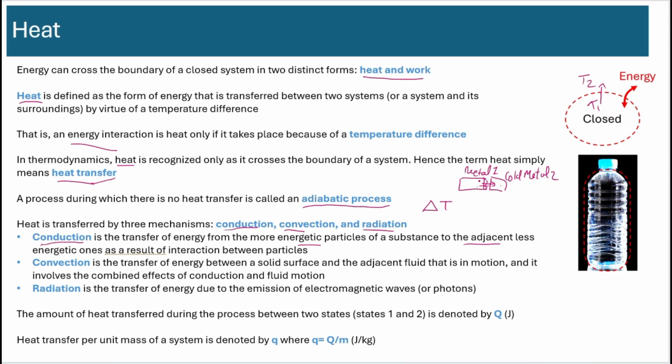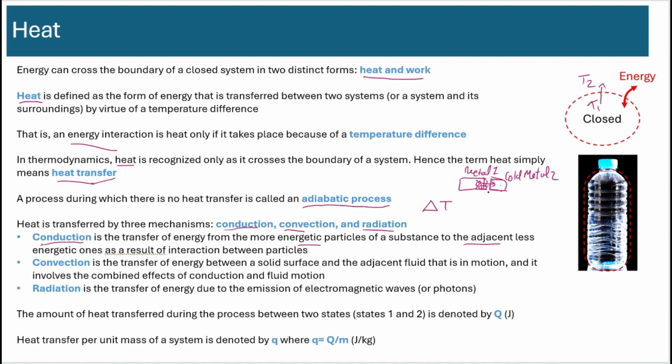And what essentially is happening is the atoms of the hot metal are vibrating at a much higher rate, and in the cold metal the molecules are in a much lower energy state and are not vibrating as much. But as soon as they get in contact, the vibrations get transferred and that thermal energy is transferred to the cold metal due to physical contact.